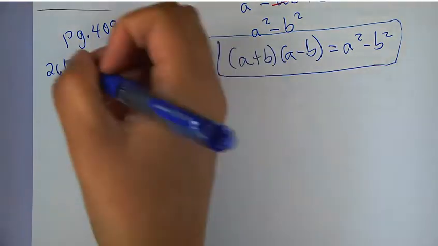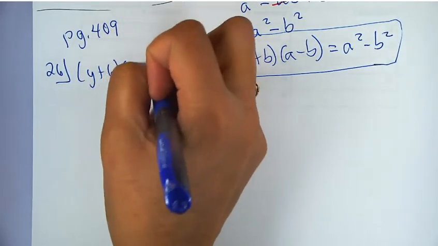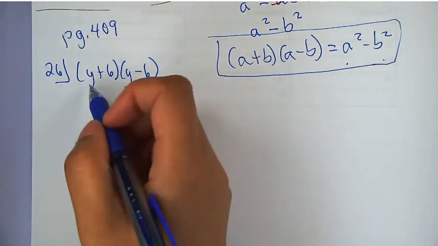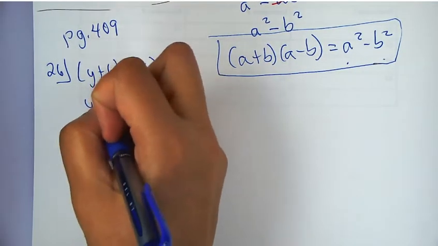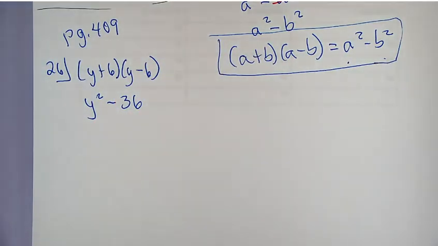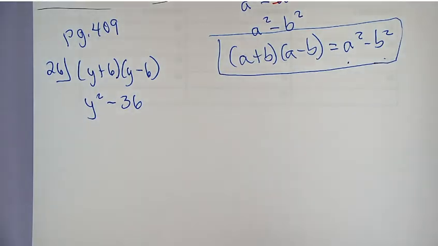We have y plus 6 times y minus 6. Well, it's the first one squared minus the second one squared. So the first one squared is y squared. Second one squared is 36. So it's just y squared minus 36. Let's try another one. Let's do number 28.